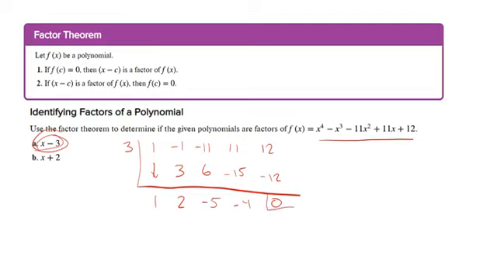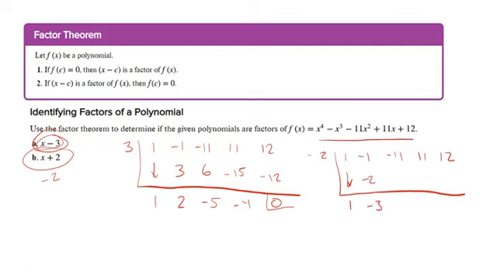We can repeat the same process for b, except now we want to use negative 2. 1, negative 1, negative 11, 11, and 12. Bring down the 1. Negative 2 times 1 is negative 2. When we add, negative 3, which gives positive 6 and negative 5.